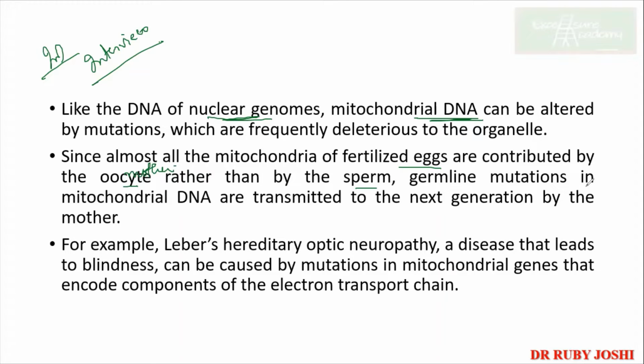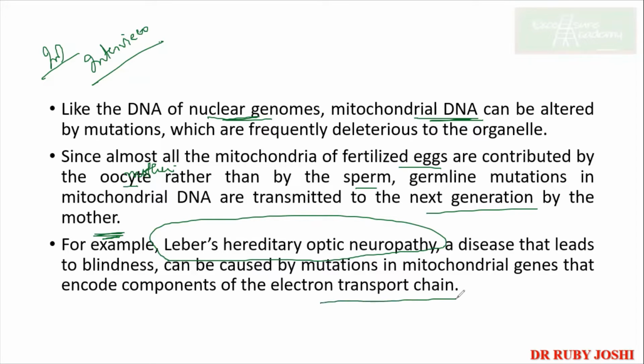Germline mutations in the mitochondria are transmitted to the next generation by the mother. Here is one example: Leber's hereditary optic neuropathy. This you have to remember. It leads to blindness and can be caused by mutations in mitochondrial genes that encode components of the electron transport chain. Did you get the point?